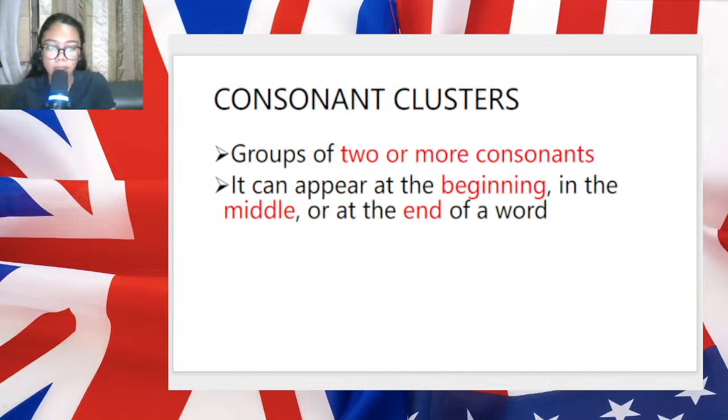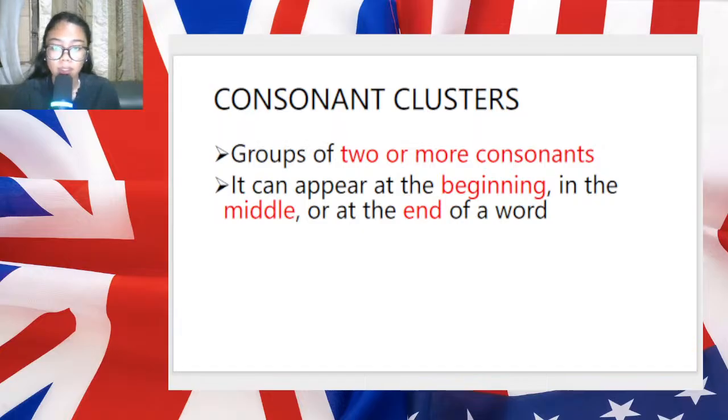All right. So picking up from the first slide, let's really get into what we mean by consonant clusters. As the slide shows, at its core, a consonant cluster is simply a group of two or more consonant sounds that appear consecutively within a word. It's important to keep in mind that we are talking about sounds here, not just letters in the spelling.